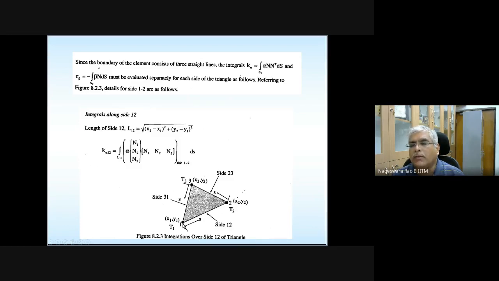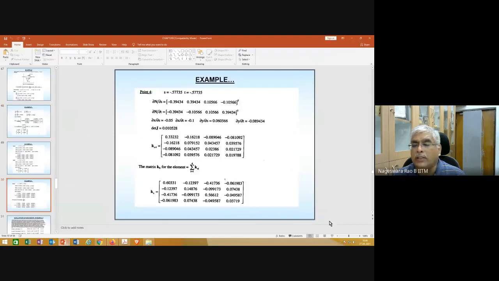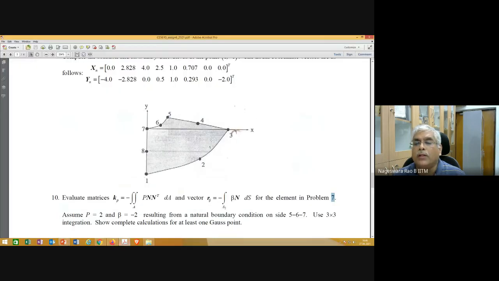And please note that for a 3 node triangular element, you have 2 nodes along each of the edges, whereas for an 8 node element, you have 3 nodes along each of the edges. It doesn't matter whether you have 2 nodes or 3 nodes.